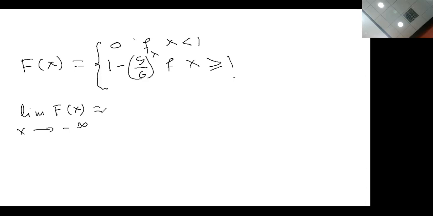Is it less than 1? It is less than 1. Funny questions, right? Now, what did we say when x is less than 1? What is f of x? It is 0. And what is the limit of f of x as x tends to negative infinity? 0, right?